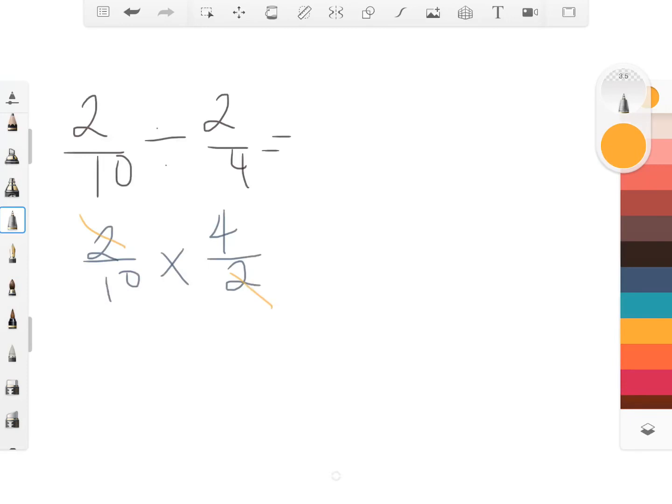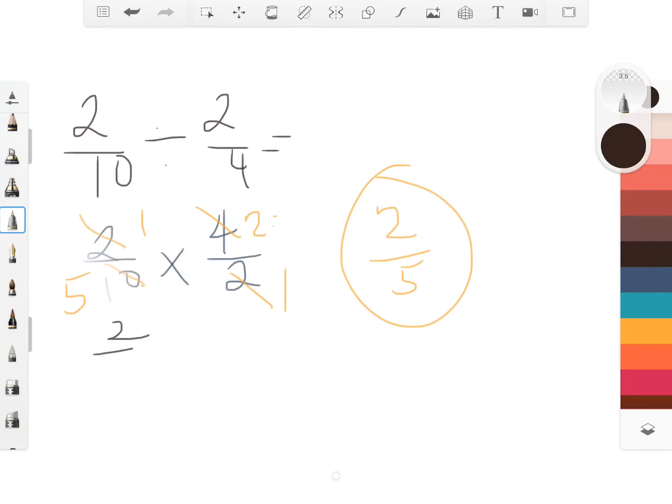So 10 divided by 2 is 5, and 4 divided by 2 is 2. So this one is 1. So 1 times 2 is 2, and 5 times 1 is 5. The answer is 2 over 5.